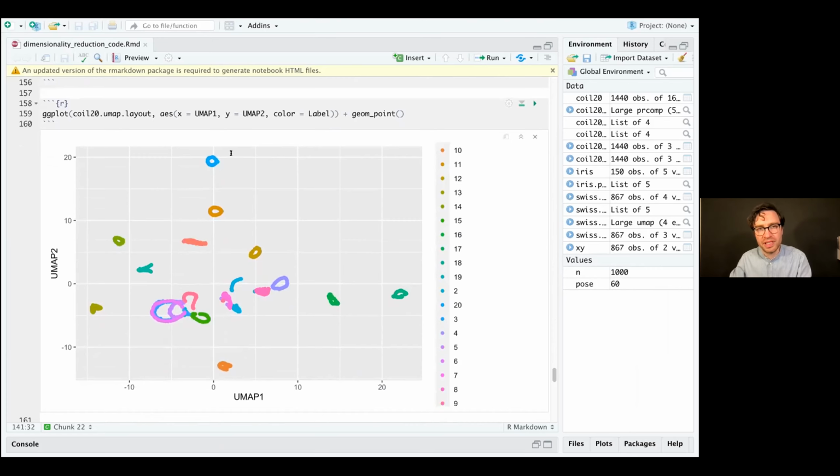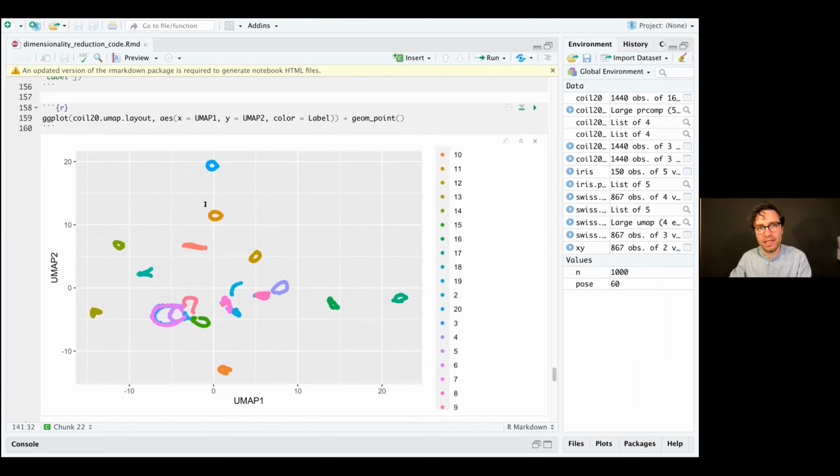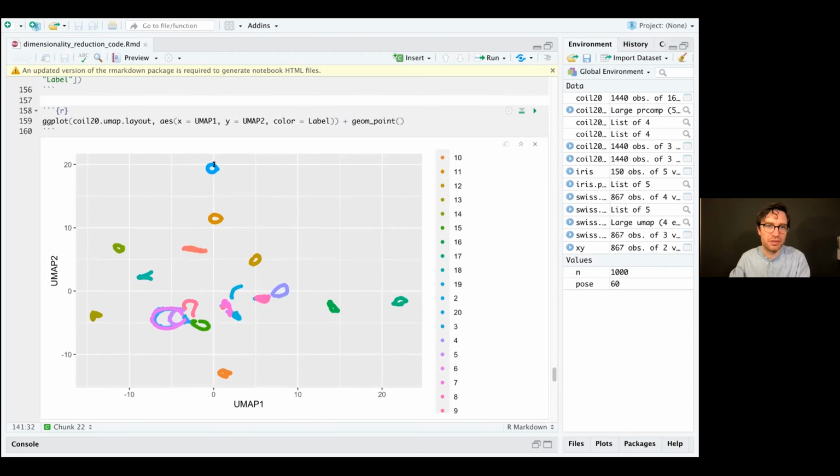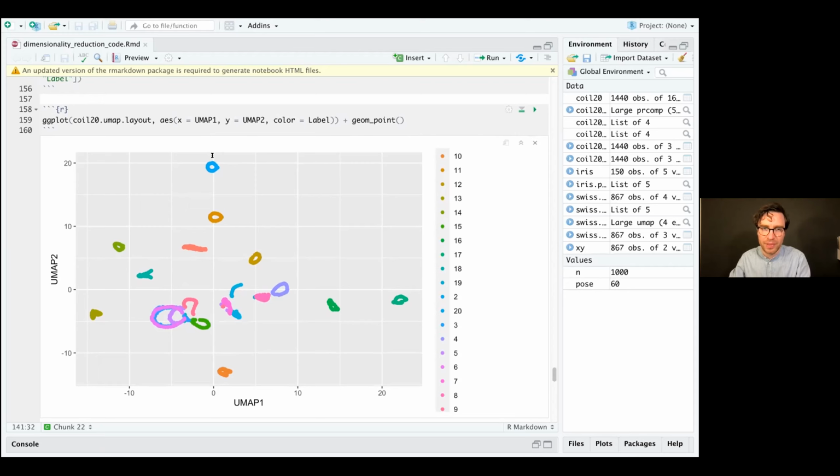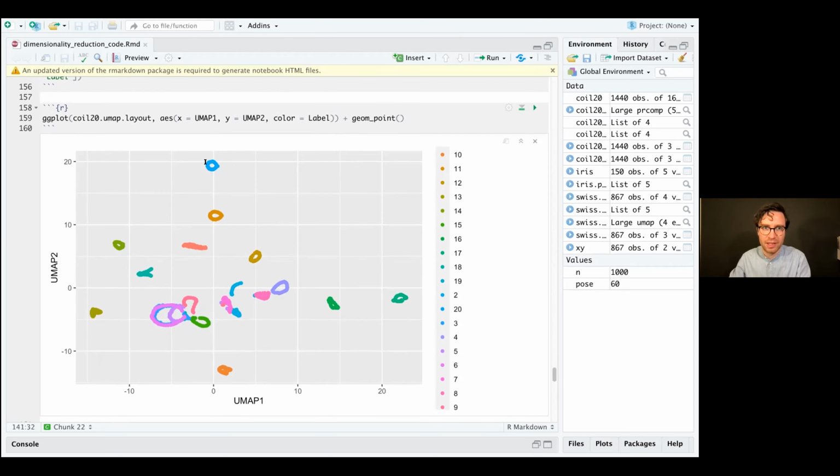Most of the images nicely separate. Different colors mean different objects, and they nicely separate. And what UMAP also gives us is the topology of this data, in the sense that we can see that this is a rotation. Neighboring pictures are similar, and you rotate the object until you come back to the other side.